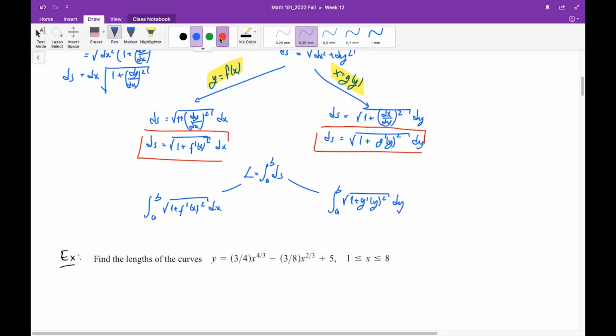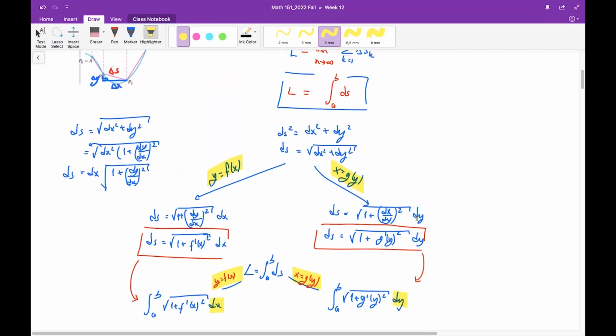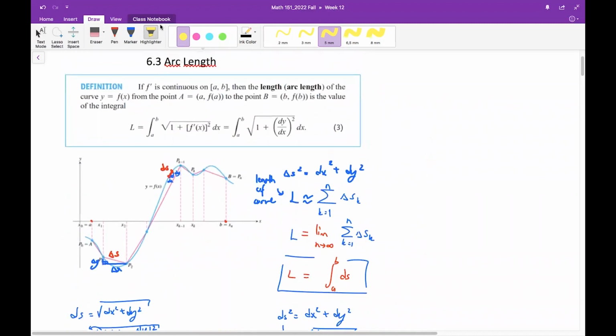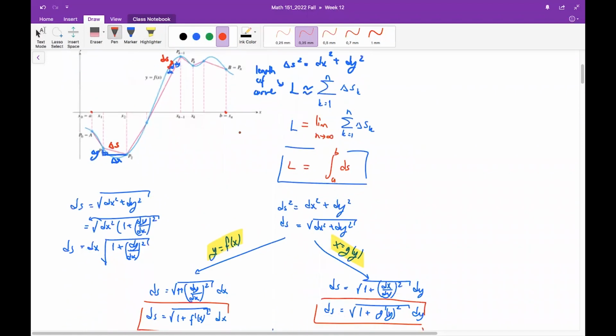This happens when your function is a function of x, and this happens when your function is a function of y. And in this formula, you are integrating with respect to dx, and in this formula, be careful, you are integrating with respect to dy. So this explains where this formula comes from, right? So we just covered it.